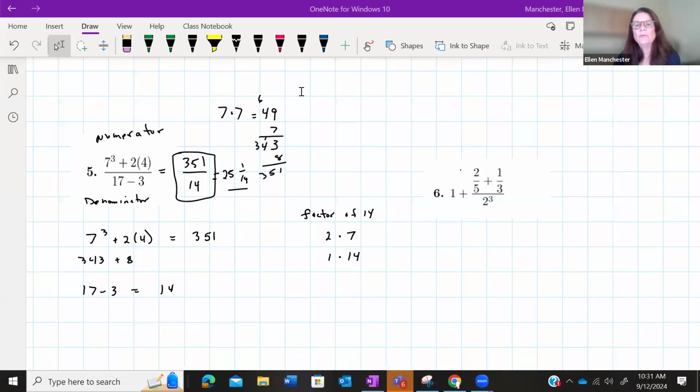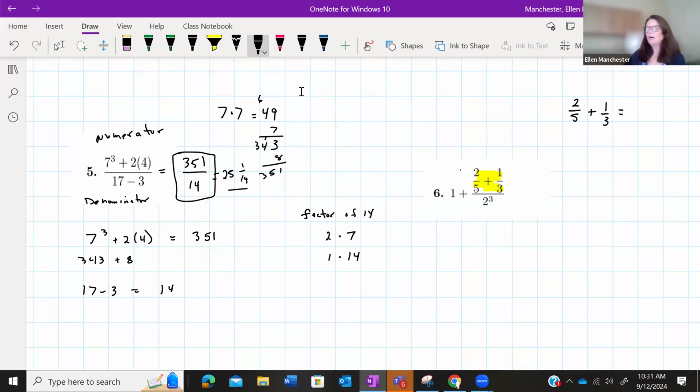Okay, so number six again, don't let it freak you out. Just go, okay, I got this. I'm gonna break it up into parts, right? So I'm gonna work this one out because we love fractions. We all know how to do fractions, so we're just gonna get the answer at the top. So 2/5 plus 1/3.